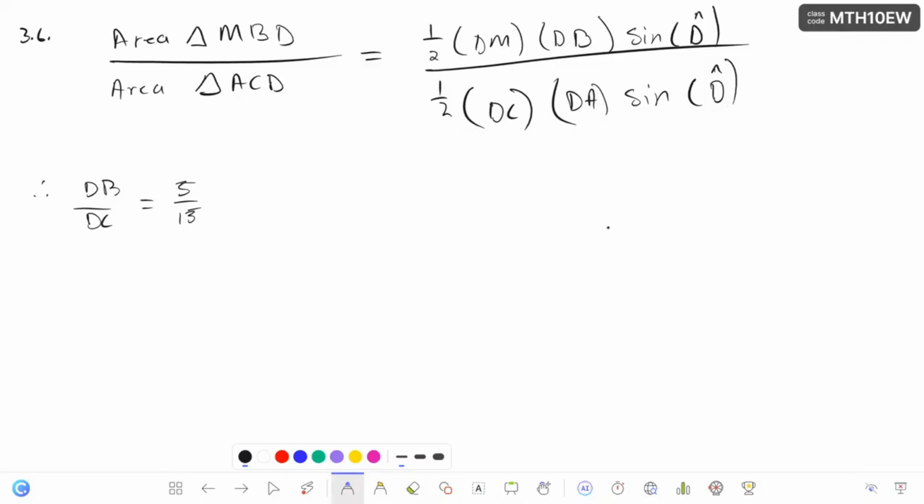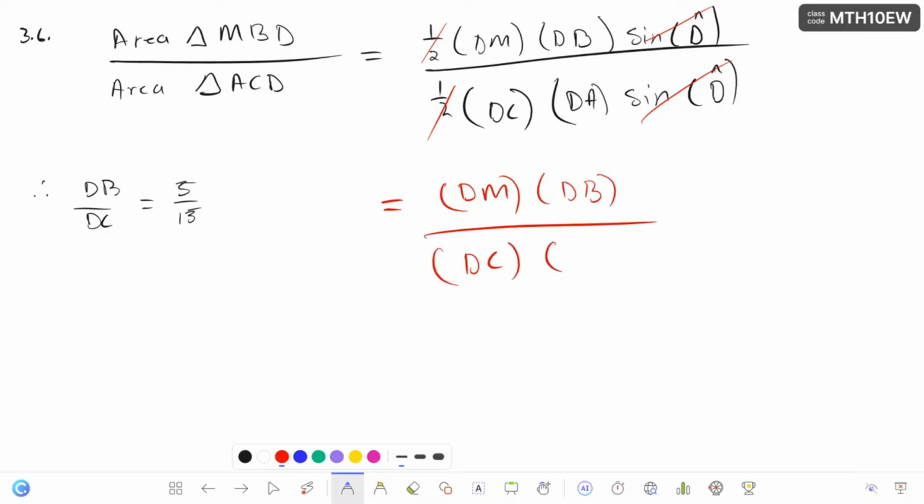So we can simply cancel this one and this one and this one and this one. So we are left with dm times dB over dC times dA.